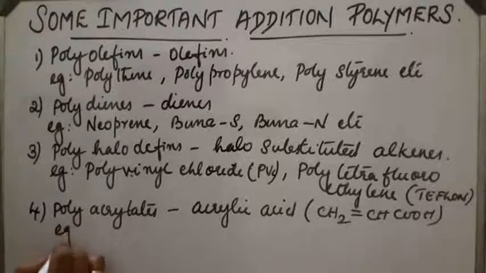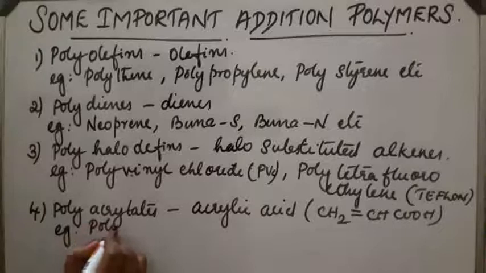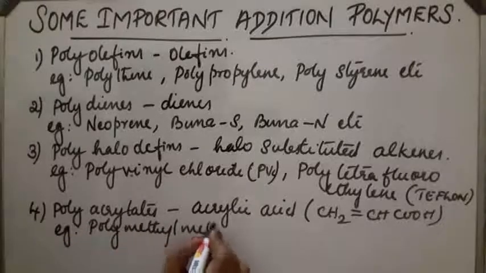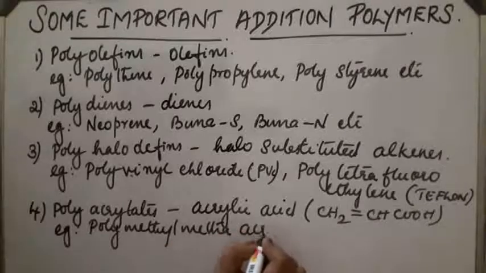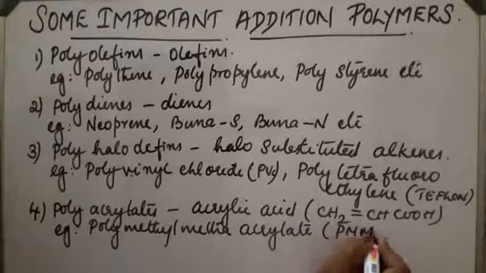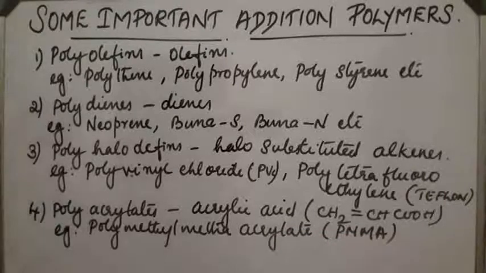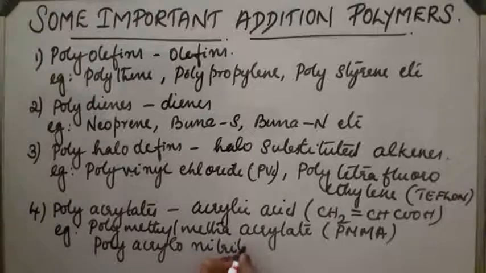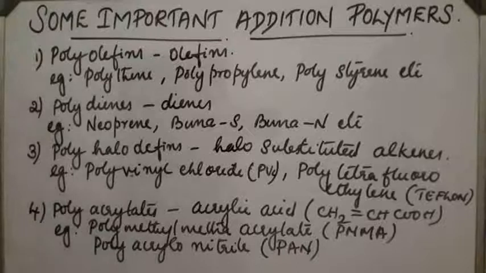Example, methyl methacrylate. One example, PMMA. Another example is polyacrylonitrile, also called PAN. These are the 4 categories of addition polymers.